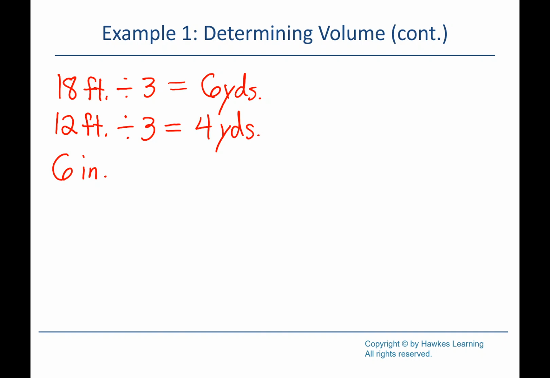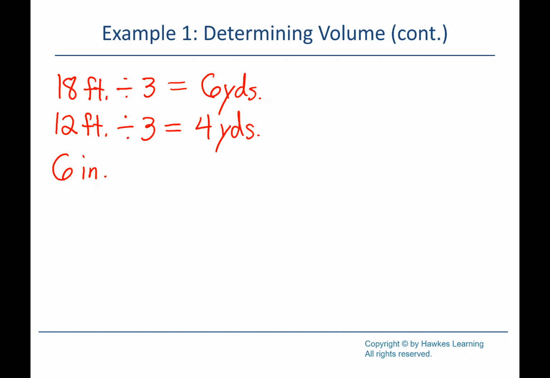The last one's a little bit trickier because we're starting off in inches. You could change it to feet first and then change it to yards, or we can just figure out our conversion factor for inches and yards. So if we have 3 feet in a yard, how many inches are we going to have in a yard? 36, yeah, there's 12 inches in each foot.